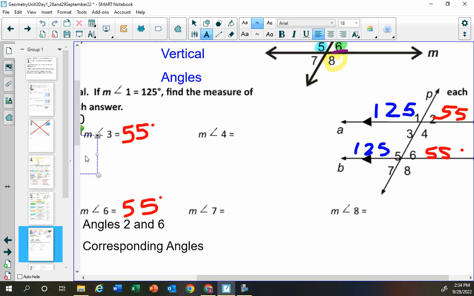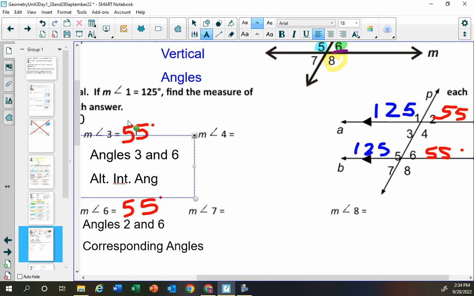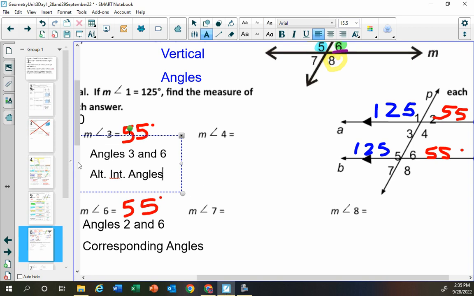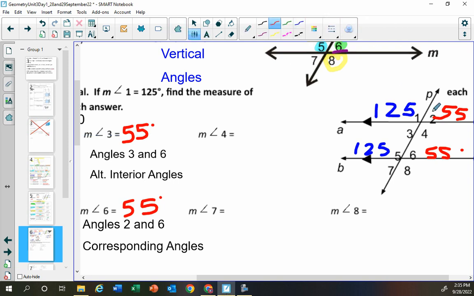Angles 3 and 6 are alternate interior angles. Very good. This is 55.